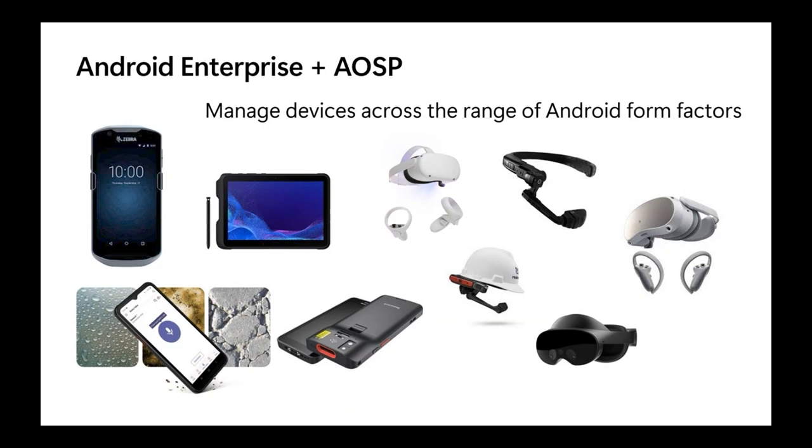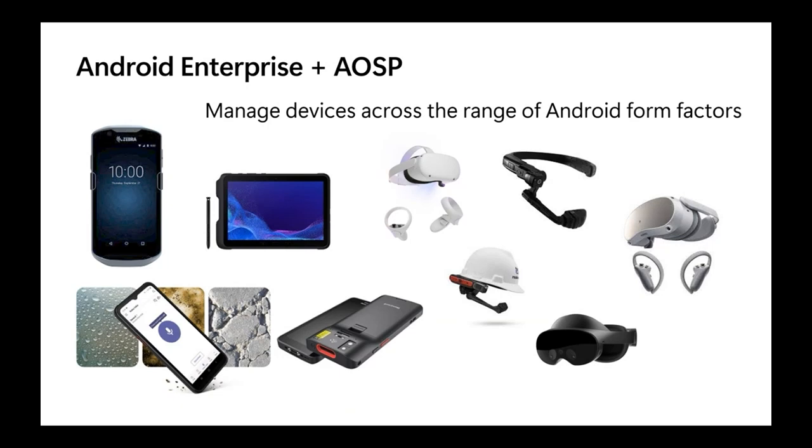So on the left, these are some examples of devices that you can manage through Android Enterprise. They tend to have more of a typical phone, tablet kind of form factor. They might be ruggedized, but usually those types of form factors. And then on the right, these are some examples of the supported devices that you can manage using Intune AOSP management.